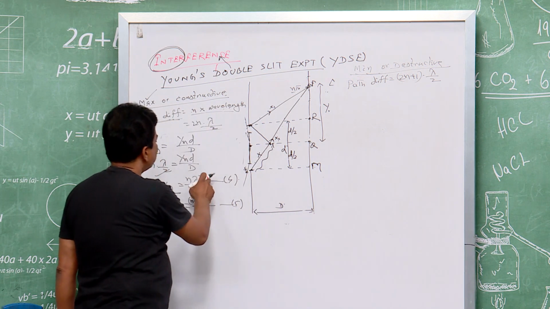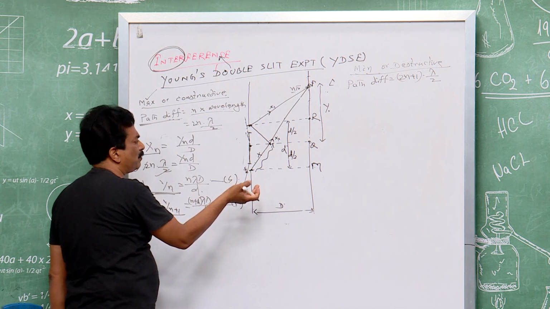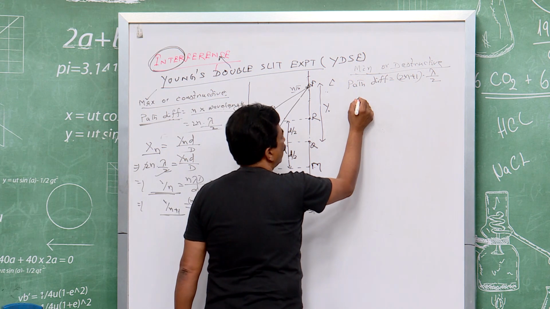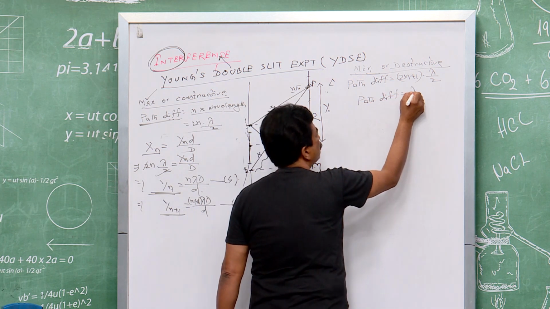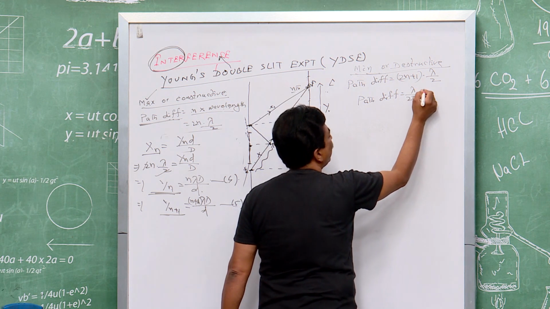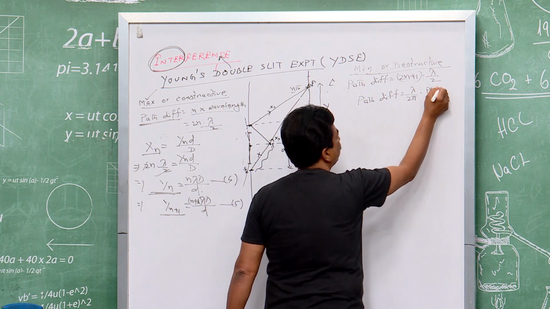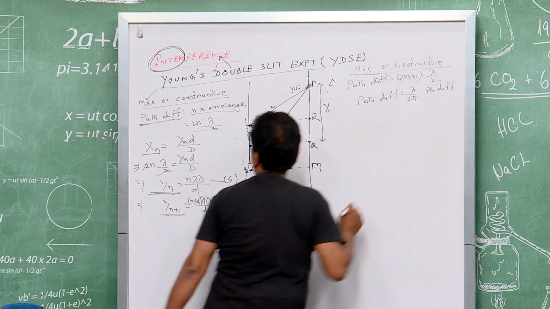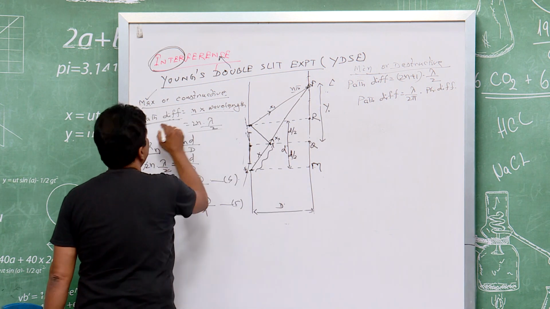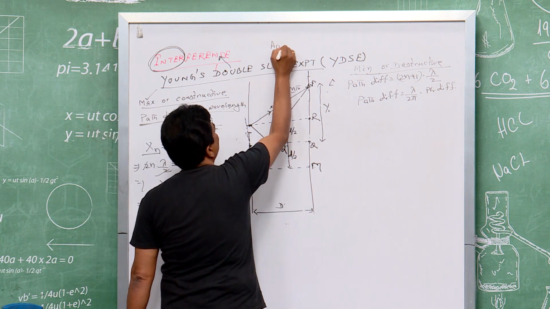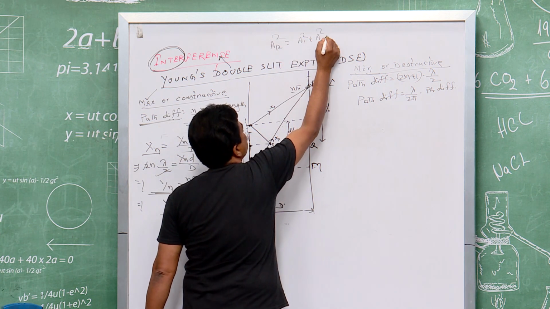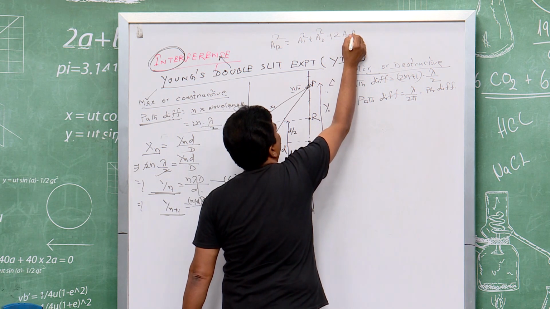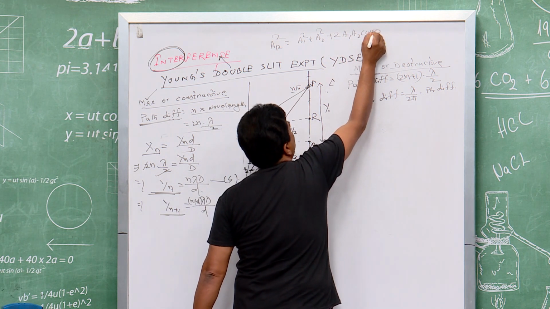The question comes, sir, how is that the odd multiples of lambda by 2? As we know, the path difference is equal to lambda by 2 pi into phase difference. The resultant amplitude was capital A R square equals A1 square plus A2 square plus 2 A1 A2 cos phi.